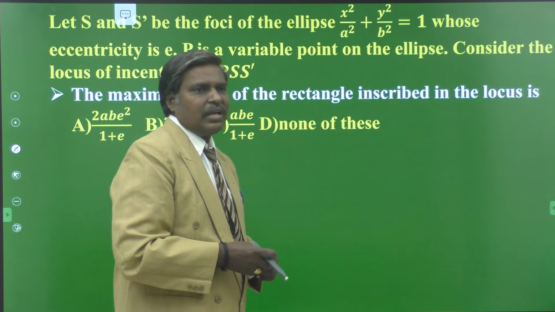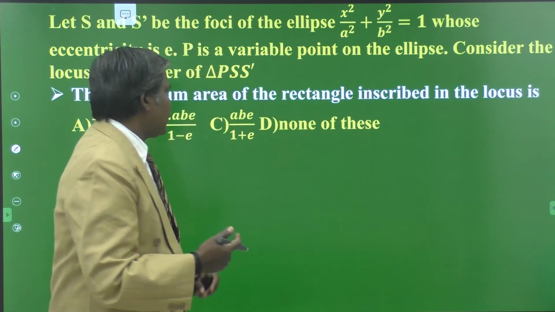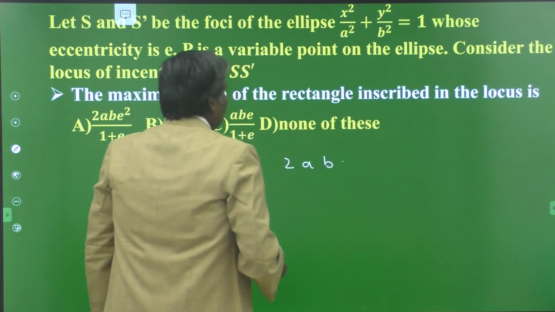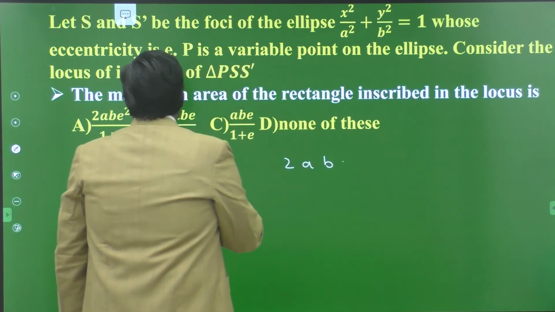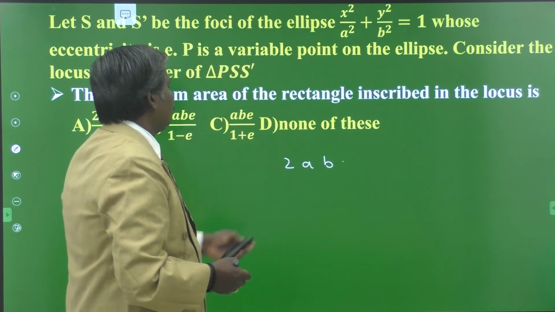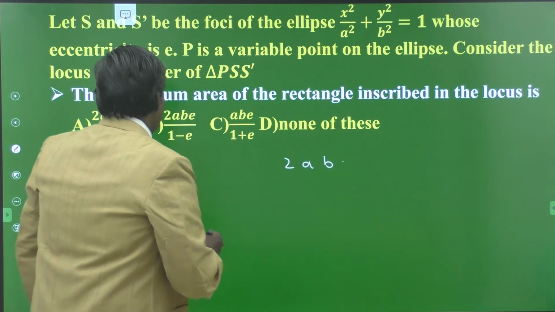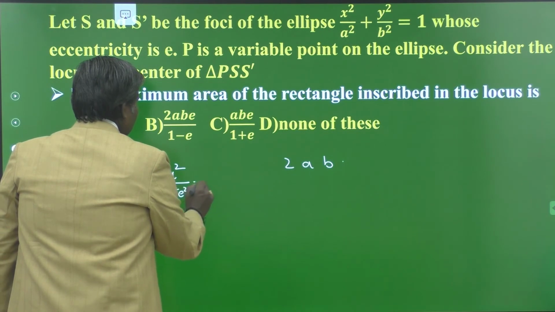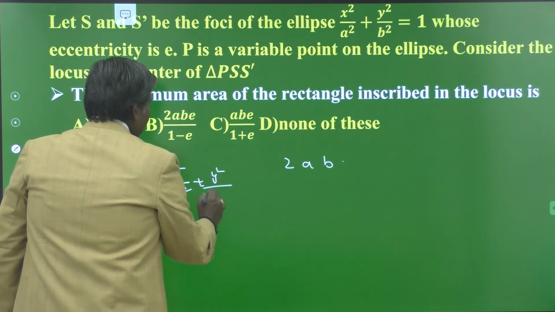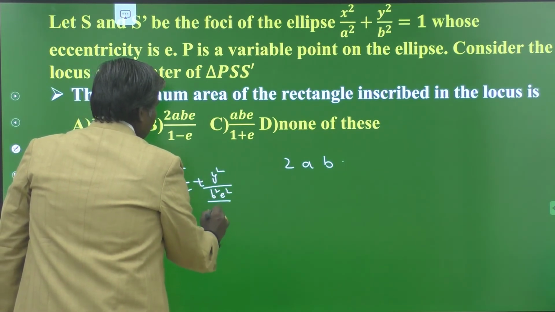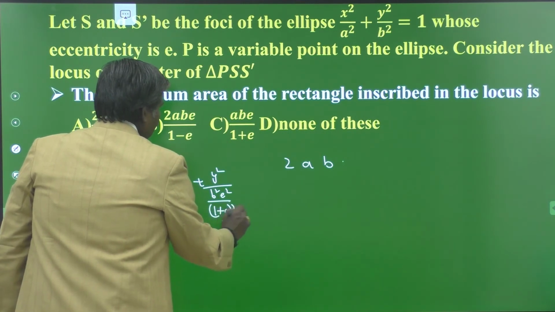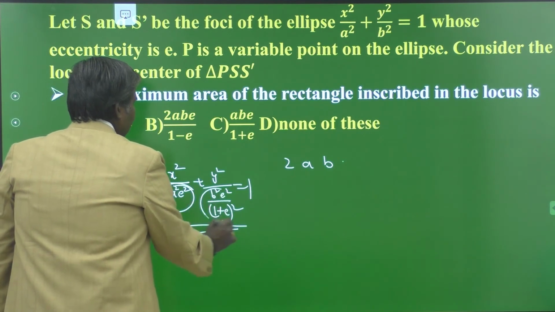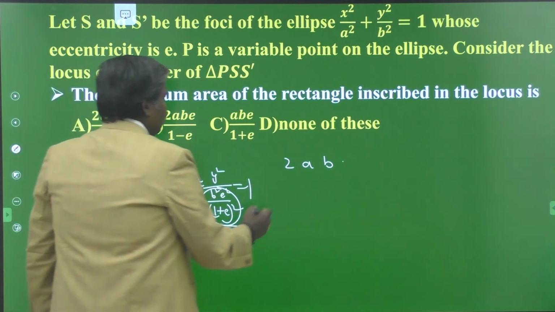So the maximum area of the rectangle, we already discussed. What is that? 2AB. Maximum area of the rectangle is 2AB. So for the locus you have to write 2AB. What is your locus? x square by a square e square plus y square by b square e square by 1 plus e whole square. This is your locus. For that you have to take the a and b values from that equation and substitute here.